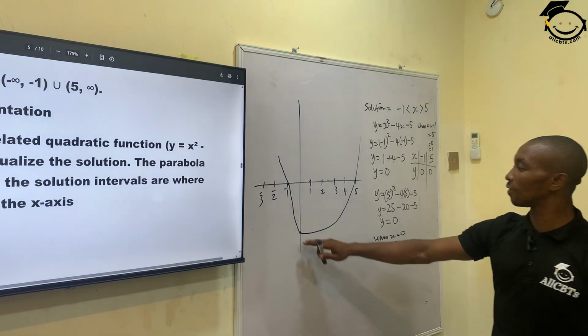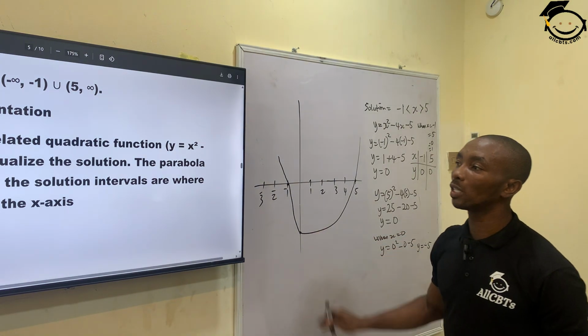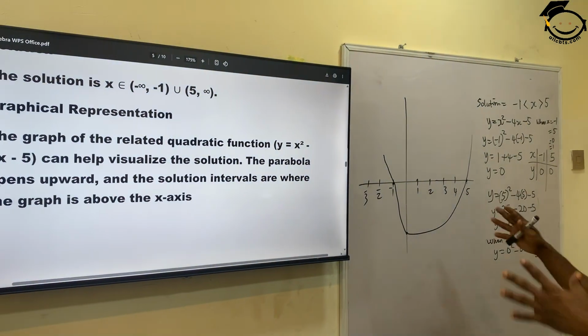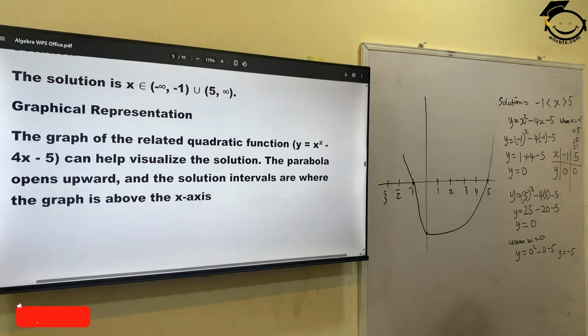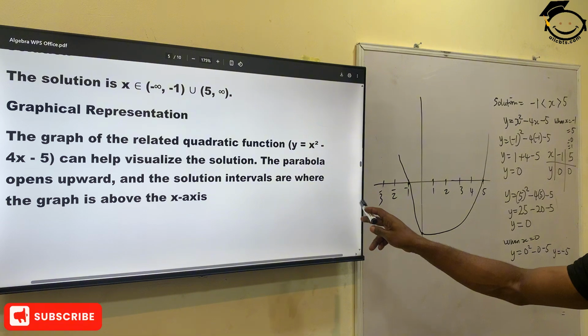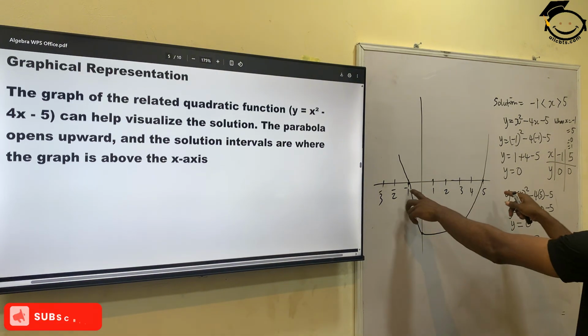Okay, now this gives you the minimum value for your graph, which helps you in knowing whether it's opening upward or opening downward. So the parabola opens upward, and the solution intervals are where the graph meets the x-axis.